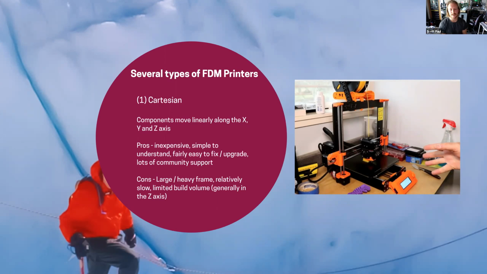The cons are that it is a rather bulky frame, it is relatively slow, and you're limited to your build volume. Not much else to say there. With a printer like the one shown here, things like bed leveling and temperature can be a struggle.